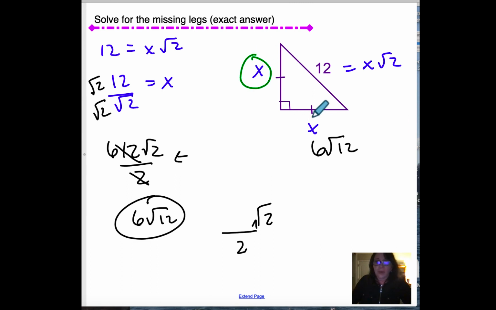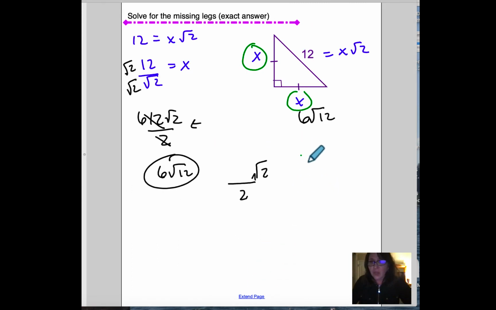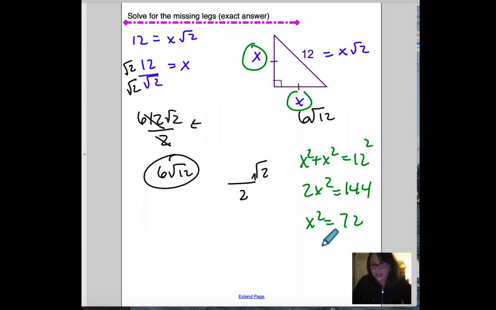If you don't know the length of the sides and you forgot all the little shortcuts, you can absolutely go x squared plus x squared is equal to 12 squared. 2x squared equals 144. x squared equals 72. And then when you square root both sides, you get x equals the square root of 36 times the square root of 2. And by the way, this is not 6 root 12. This is 6 root 2. Boom. Sorry about that. Typo.